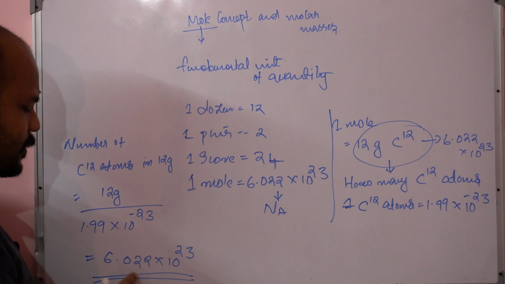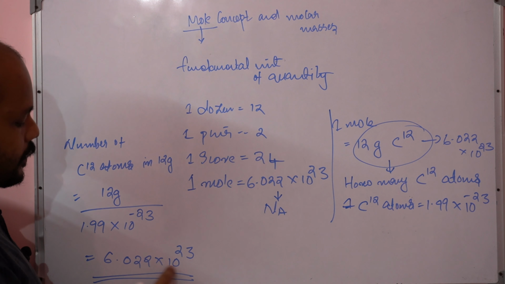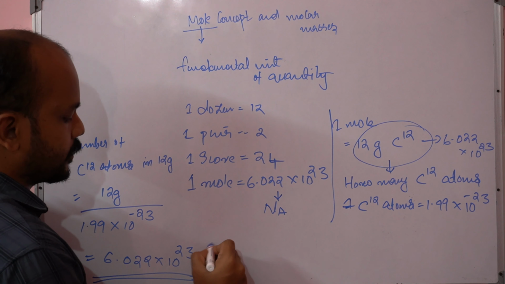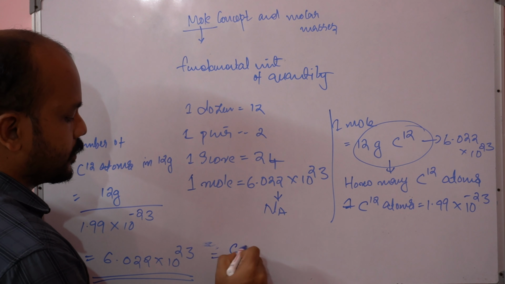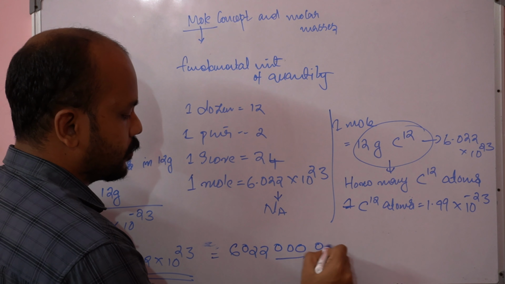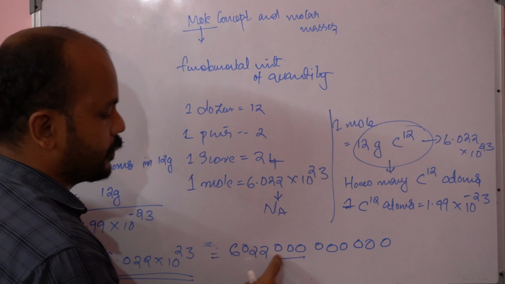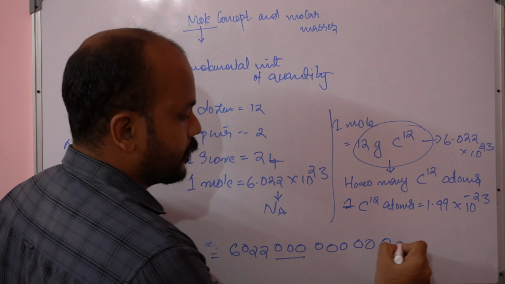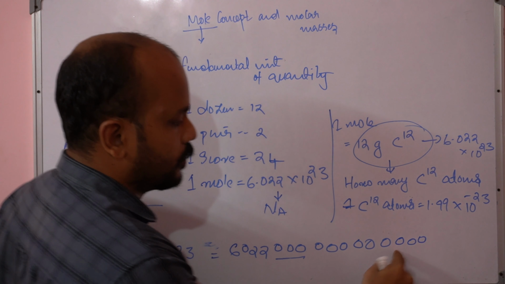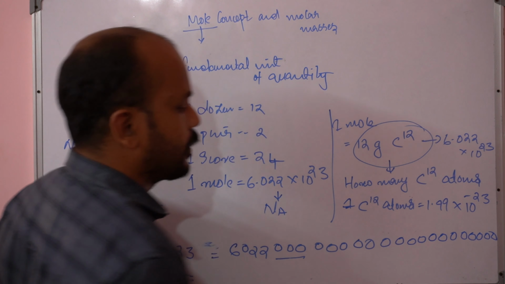We can see how big a number it is. If I write it in the proper way, 6022 followed by zeros, as of now 9 zeros, and again 12, 13, 14, 15, 16, 17, 18, 19, 20 zeros.